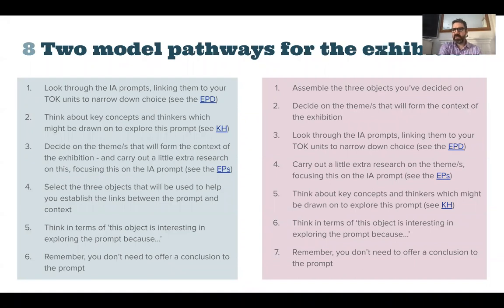I've created this resource called the Exhibition Prompt Decoder, which looks at all 35 IA prompts. It tries to explain what each one means, links it to one of my big question units, and also connects it to one or 2 of the 12 key concepts that could be used to explain that particular IA prompt. So, we start with understanding the IA prompts and choosing one.